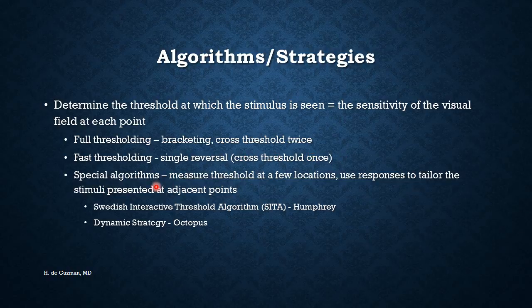And then there are special algorithms which only measure the threshold at a few locations and then tailor the next stimuli based on the patient's responses to the earlier points. So in Humphrey, they have what's called the Swedish Interactive Threshold Algorithm, or SITA, and in Octopus, they have the dynamic strategy.